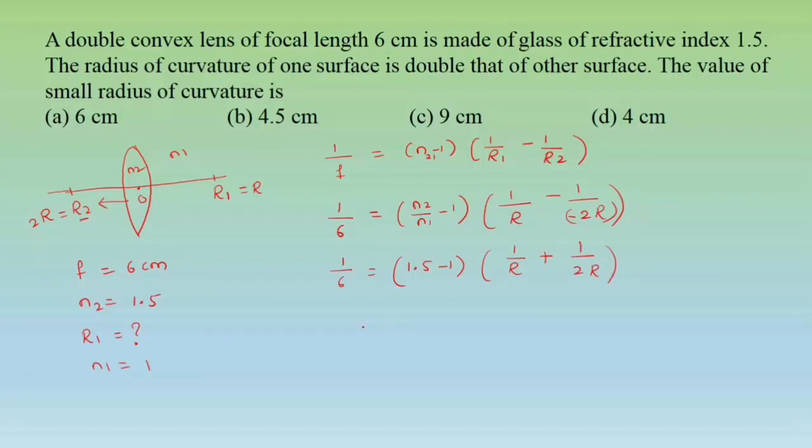So we will get 1 by 6 equal to 0.5 into 3 divided by 2R. Therefore R equal to 4.5 centimeter. So 4.5 centimeter, option B is right.